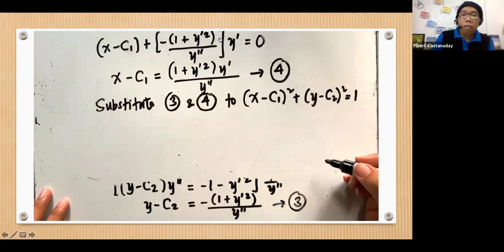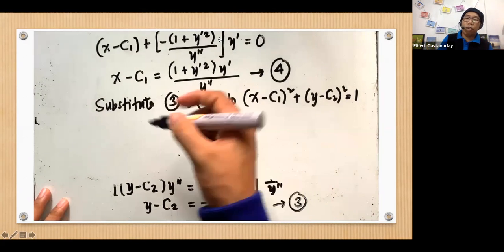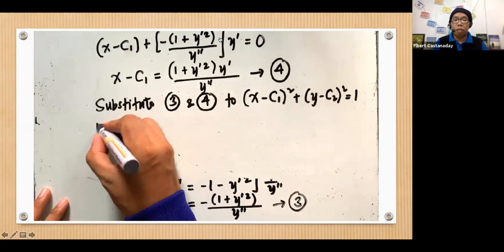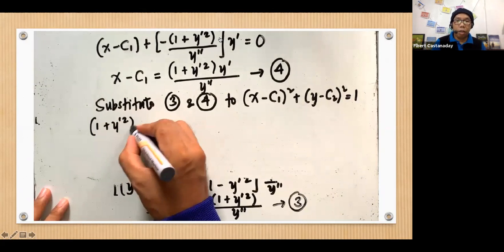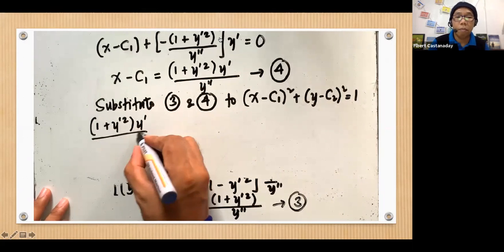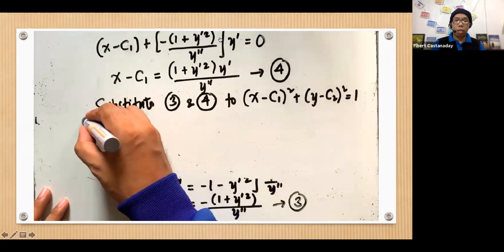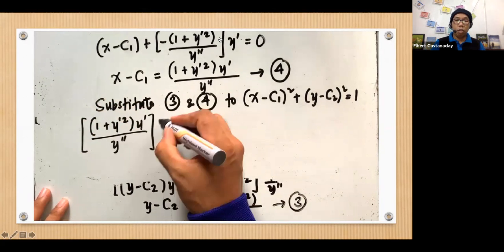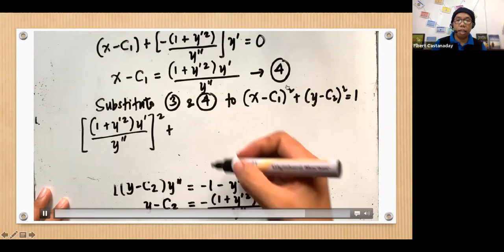Okay, so we plug in equations 3 and 4. So we have, for x minus c sub 1, you have 1 plus y prime squared times y prime all over y double prime. And, okay, raised to the power of 2. Okay, ito lang yan. So, ginamit natin.